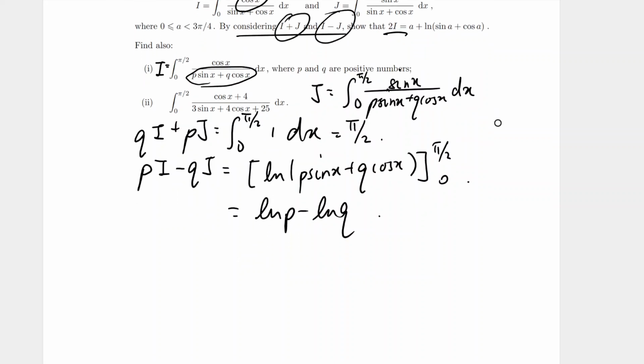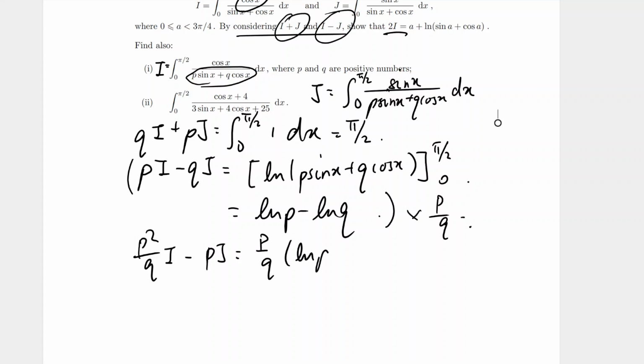I want to find I. So let's multiply the whole equation here by q over p. Okay, maybe not. Let's go p over q instead. So now I have p squared over q I minus pJ equals p over q (ln p minus ln q).